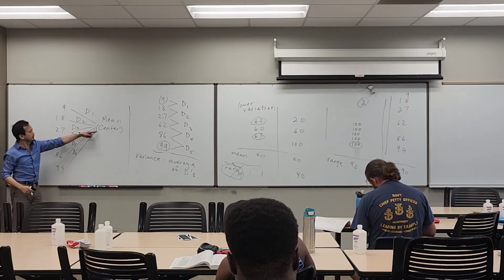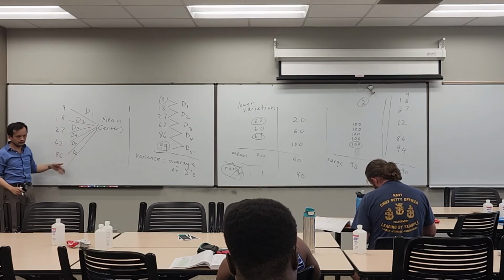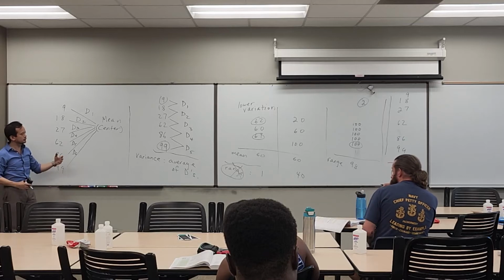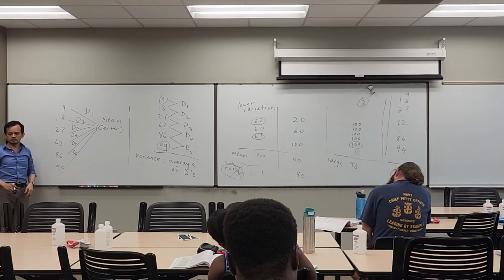And once we find the distance of each number from the mean, then we take the average of those distances, and that'll give us a good measure of the average distance of each of the numbers from the mean.